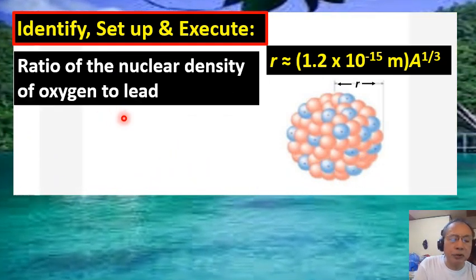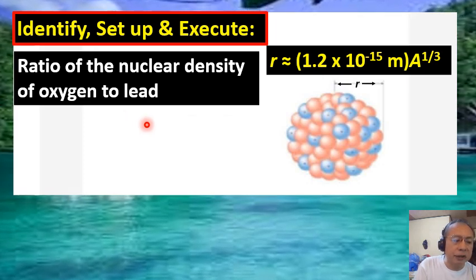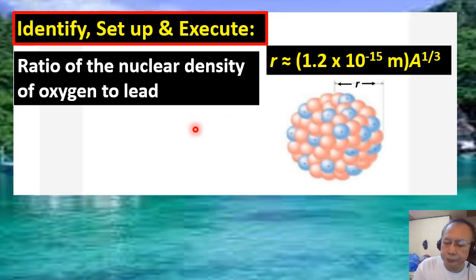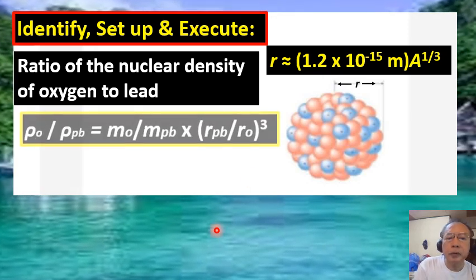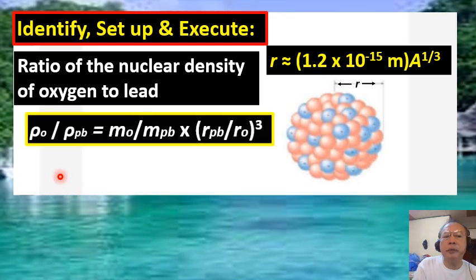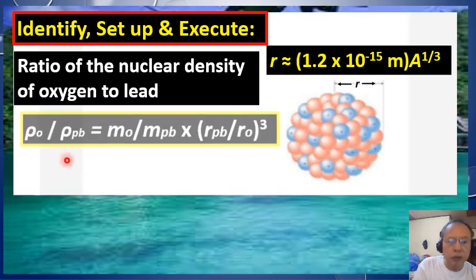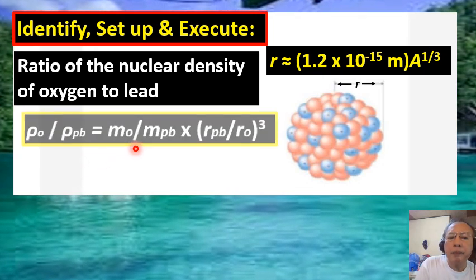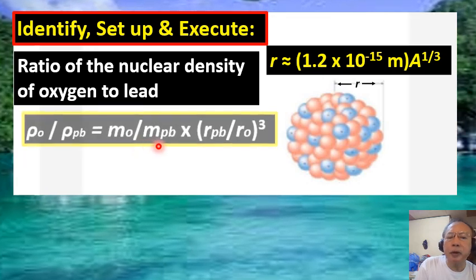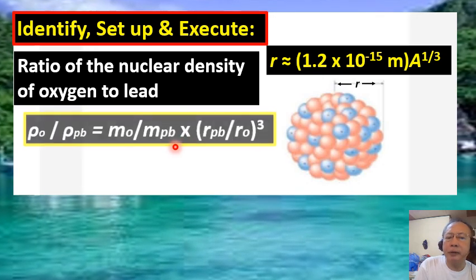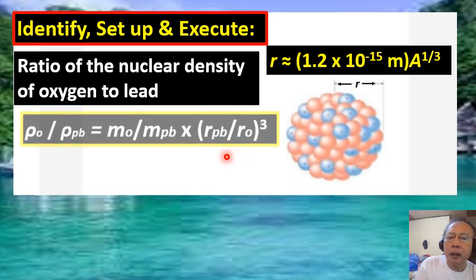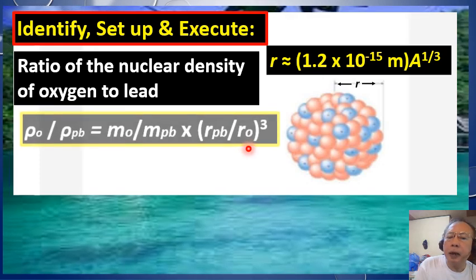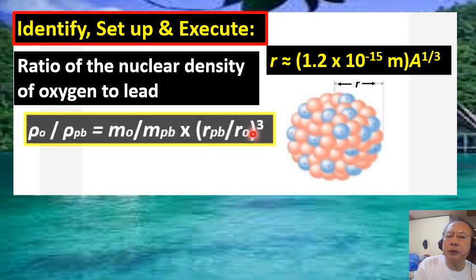We can actually find the ratio of the nuclear density of oxygen to that of lead using a shortcut method. The ratio of the nuclear density of oxygen to that of lead can be expressed as the ratio of the nuclear mass of oxygen to the nuclear mass of lead, and then multiplied by quantity R of lead over R of oxygen raised to the third power.